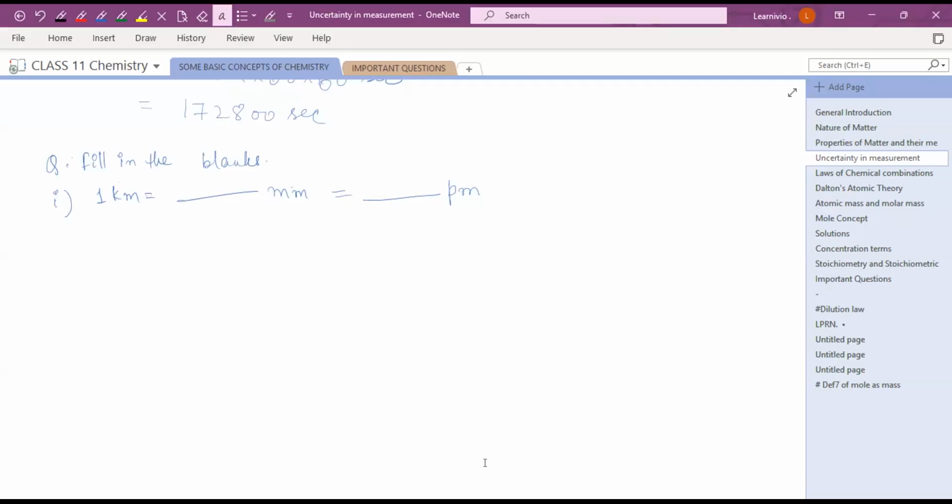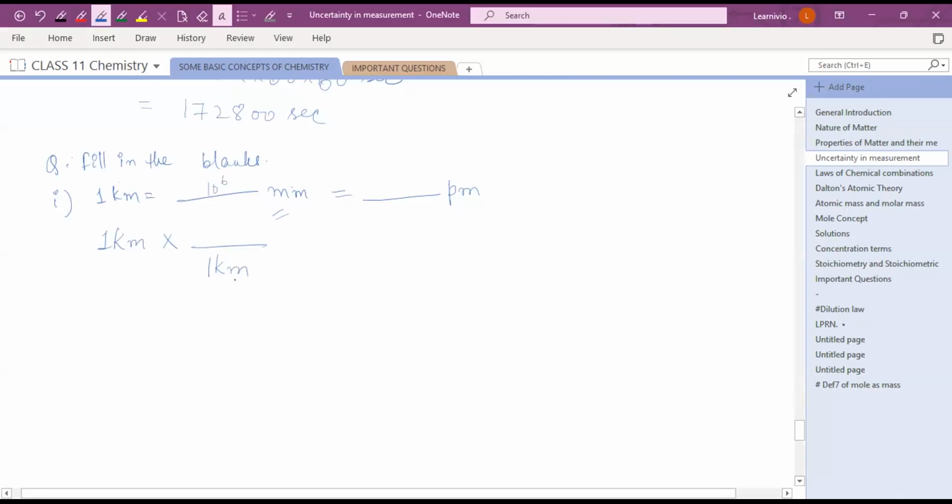Ma'am, is it 10 raised to minus 3 mm? Aisha, your answer is 1000 into 10 raised to the power minus 3. Okay, let's see. No, I don't think so. 1 kilometer, 10 raised to the power 6 will be your answer. See, Fatima, how.